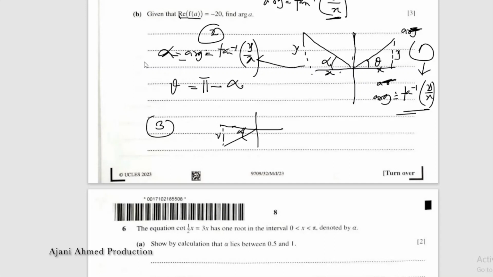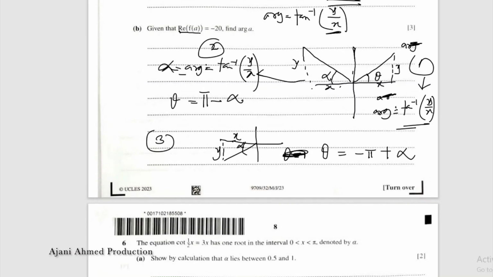This is y, this is x. After getting alpha, your final answer will be theta equals minus pi plus alpha. I believe you take note of that. I'm going to clean the screen, so I expect you to take note of it.